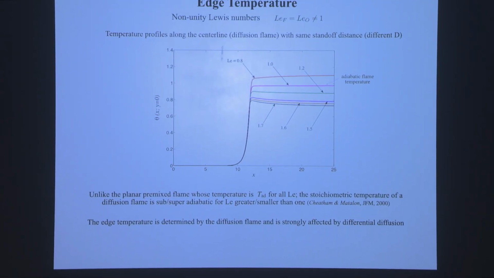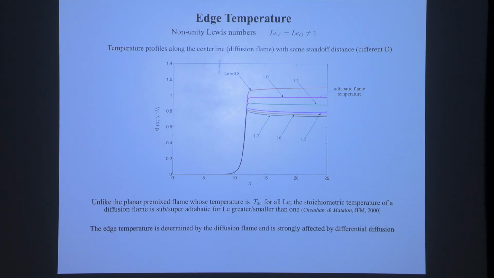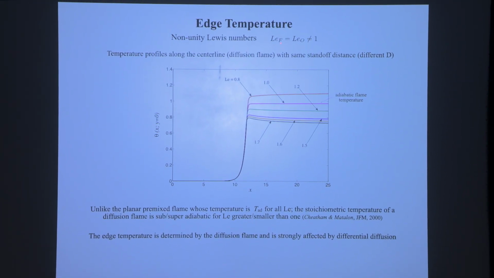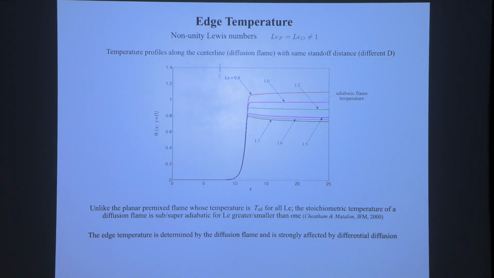And what I am showing here is the temperature along the axis for a condition which is non-unity Lewis number. LEF and LEO are equal, but not equal to 1. Since LEF and LEO are the same, the picture is symmetric. Particularly phi is 1. I don't remember if that phi was 1 or not. But anyway, this is the temperature along the axis. So it's the diffusion flame, which is along the axis.